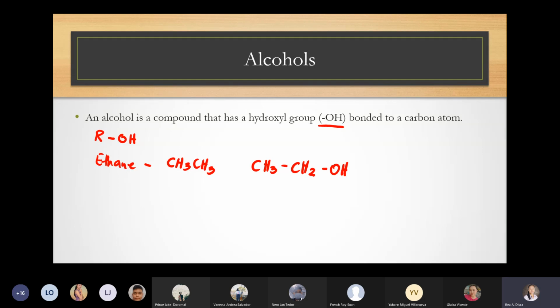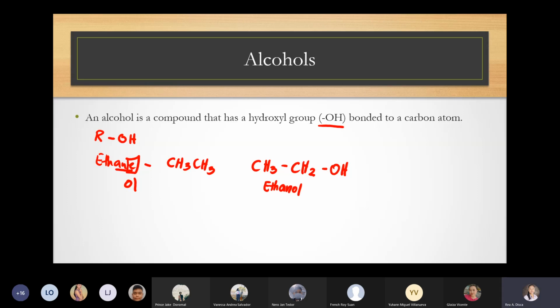This ethane now will convert into an alcohol, wherein the E in our ane will be changed to OL, so the name will be ethanol. Nakuha?